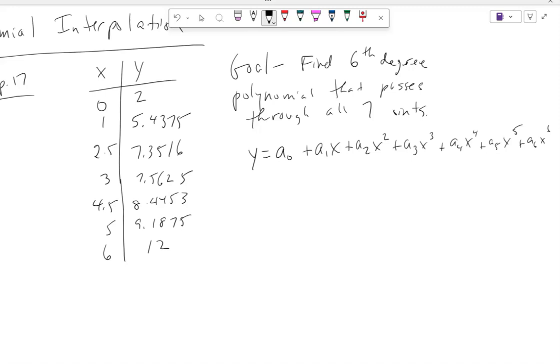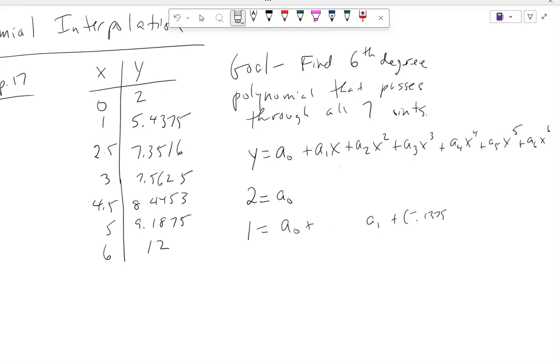In the first one, you put in 0 for x, you get 2 equals a0, right? We agree? Okay. And the next one you have 1 equals a naught plus 5.4375 a1 plus... Ooh, I'm doing it backward. Sorry.